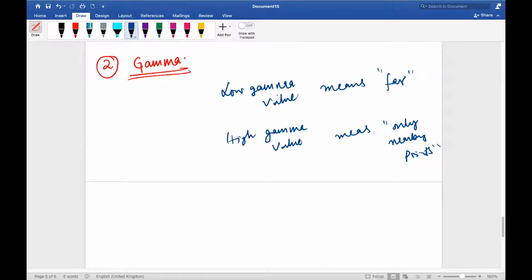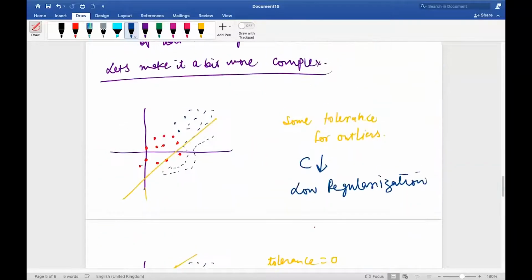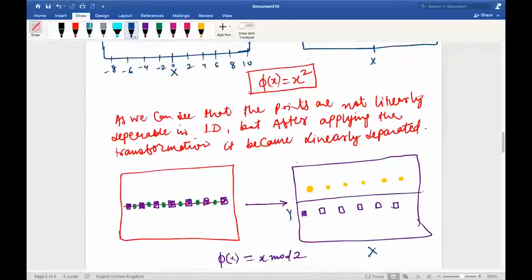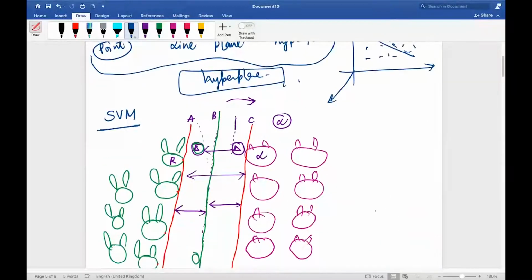When we talk about gamma as low, that means points which are far away from the support vectors are also considered. So let's say there is one lion here, and a rabbit here.